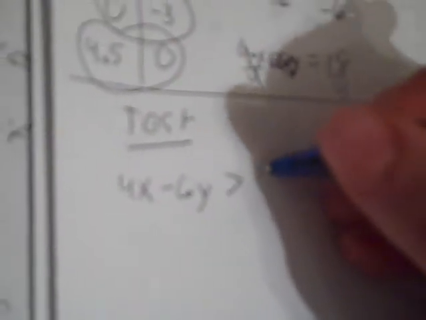Okay, now it's test time. Copy that down. 4x minus 6y is greater than 18. Okay, replace both variables with 0. So get the x out. We'll want to parenthesize it so I know it's 4 times 0. And the same with the y. When that number's hugging the variable, you want to separate it.